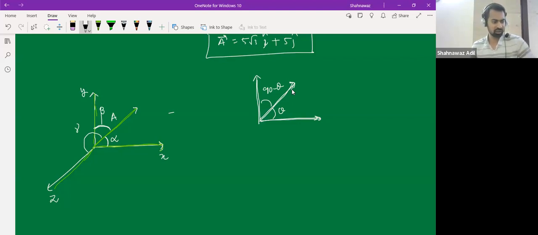If you make a vector like this, and the vector is not in the xy plane, then this alpha and this beta would not be complementary. This is what I am saying.